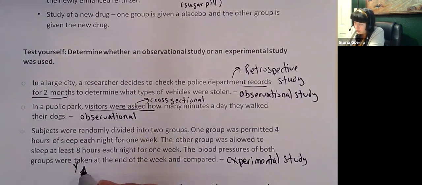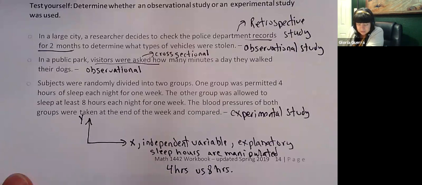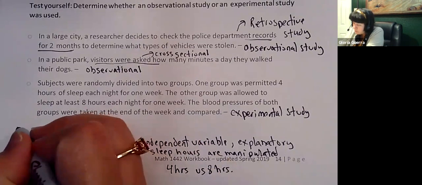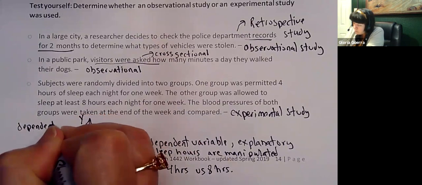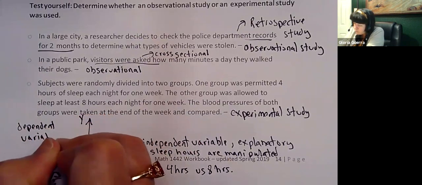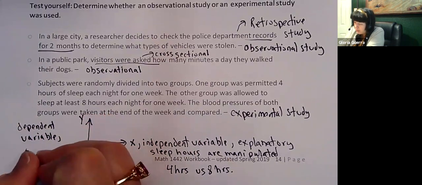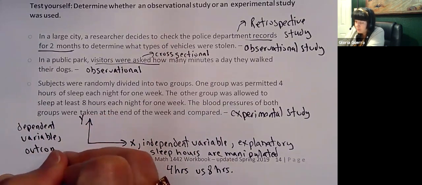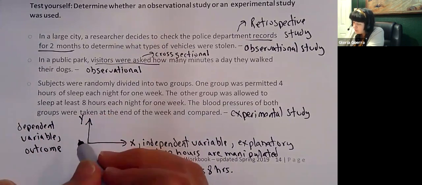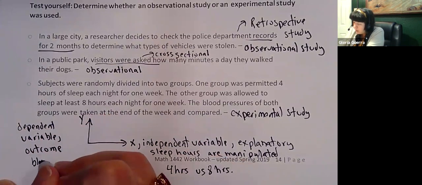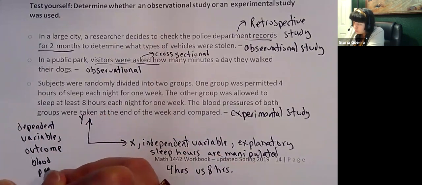The y has to do with the dependent variable, which is also called the outcome. On the next page, it talks about the outcome variable. And here what they're studying is their blood pressures.